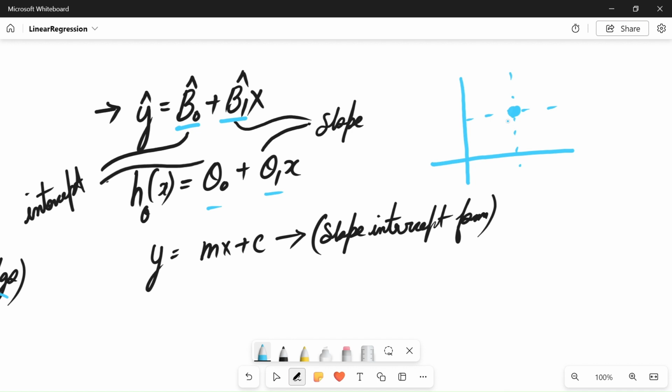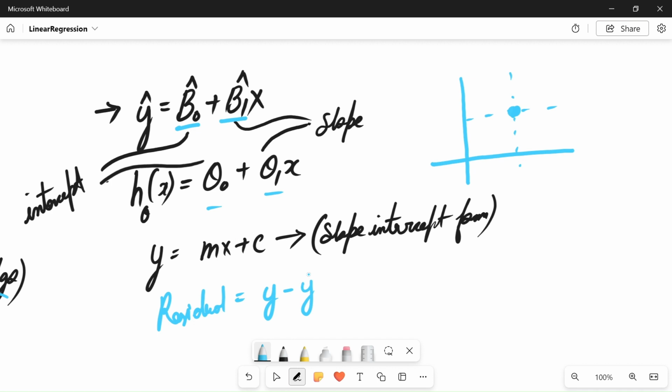If you don't know what RSS is, RSS is the amount of error in your data set squared. Residual is nothing but y minus y hat. That's it.